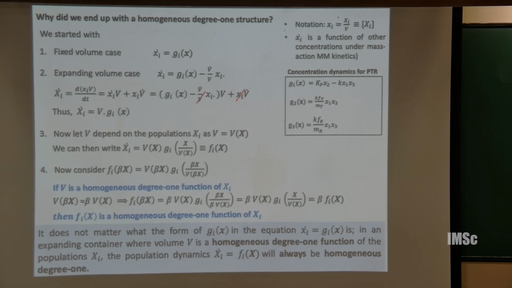But whichever variables are appearing in your volume, as long as they appear linearly, and they don't have to appear with equal coefficients like they do here, P plus T plus R, they can appear with unequal coefficients. Doesn't matter. As long as this is true, this scaling property will be true. Right?